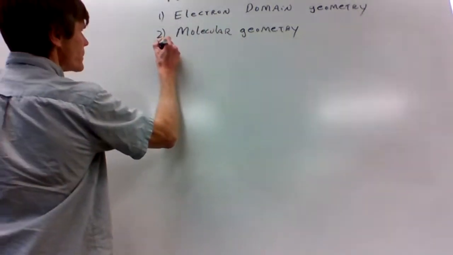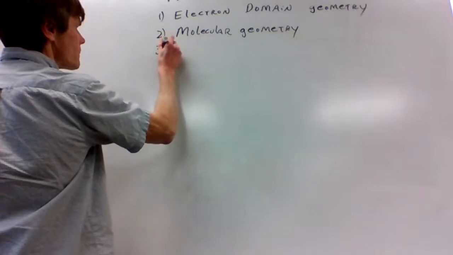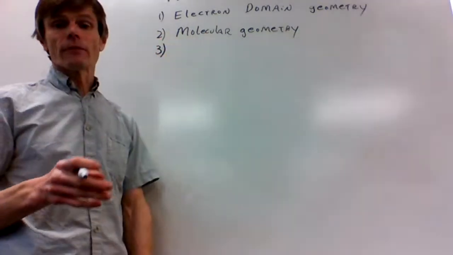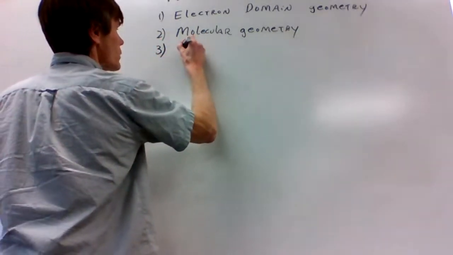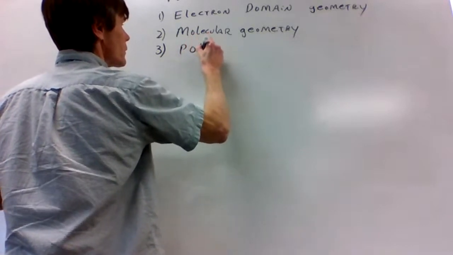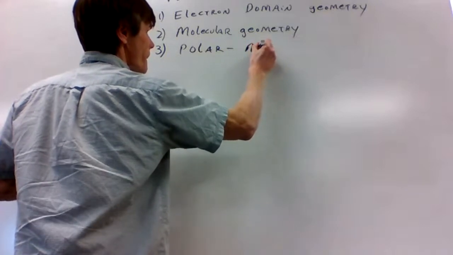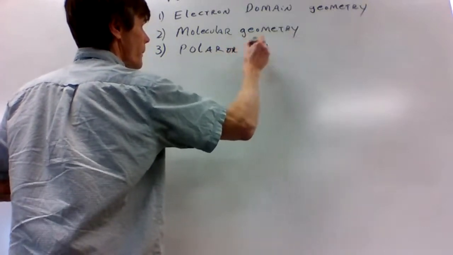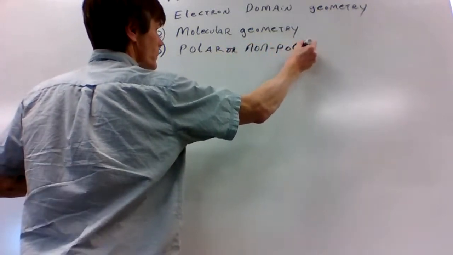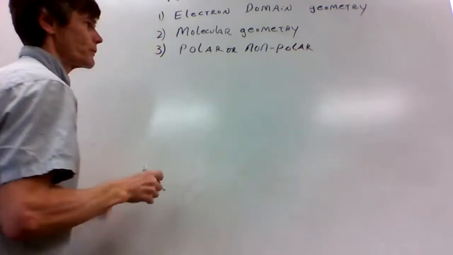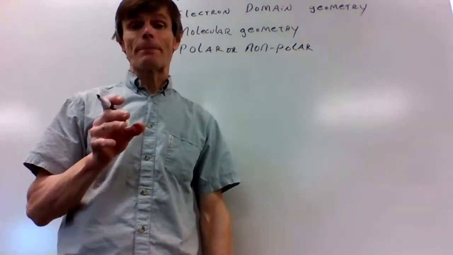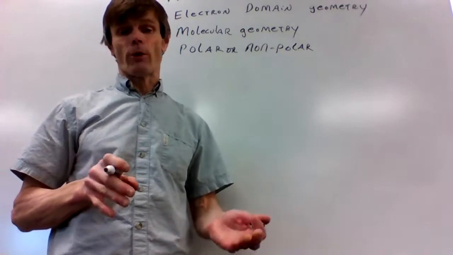The final topic we're going to look at is predicting if a compound, a molecule, is polar or nonpolar. And this is reflected in what we call a dipole moment or lack of a dipole moment.